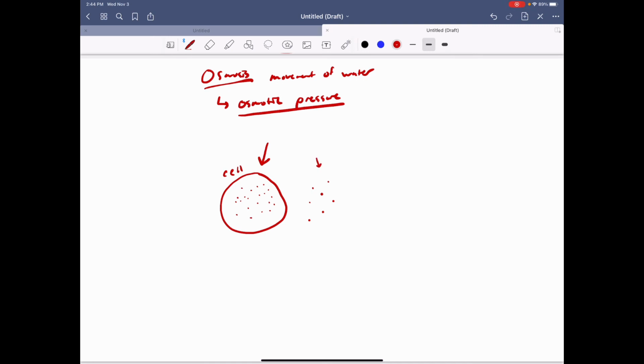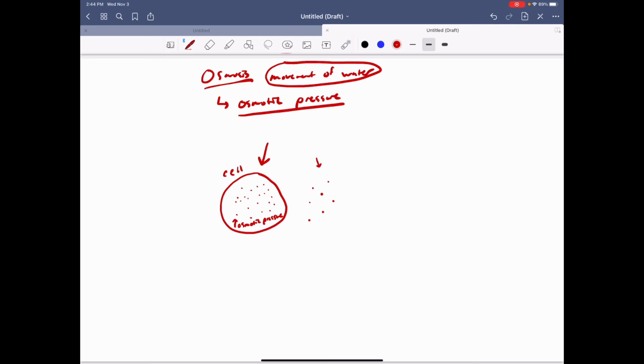So there is going to be higher osmotic pressure here inside the cell, okay? So that solute concentration is what dictates osmotic pressure. And ultimately, that osmotic pressure is what is going to dictate the movement of the water, okay?